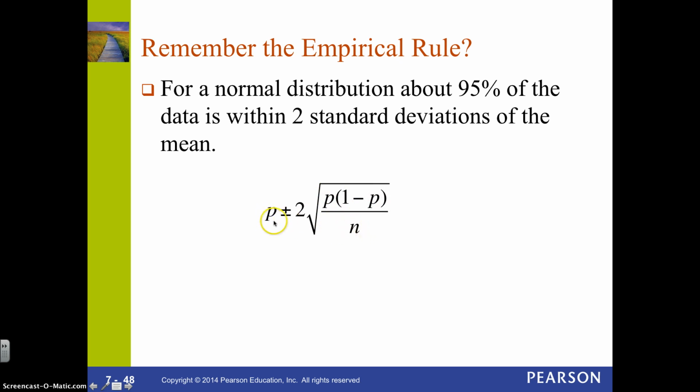I know that my proportion will be plus or minus 2 of these standard deviations, and remember, if I go 2 below the mean and 2 above the mean, I'm going to have 95% of my data. In this case, my data is sample proportions. So if I take the population proportion, which should be the mean of my sampling distribution, and I go 2 standard deviations on either side of it, by the empirical rule, I'm going to capture about 95% of the data.